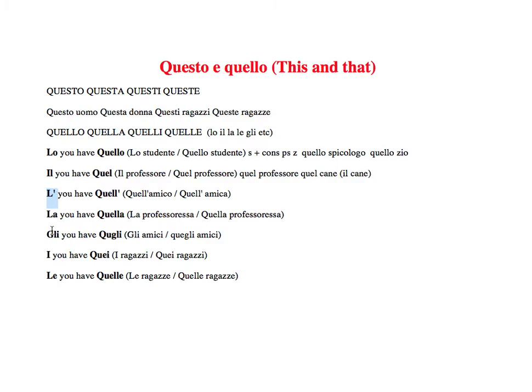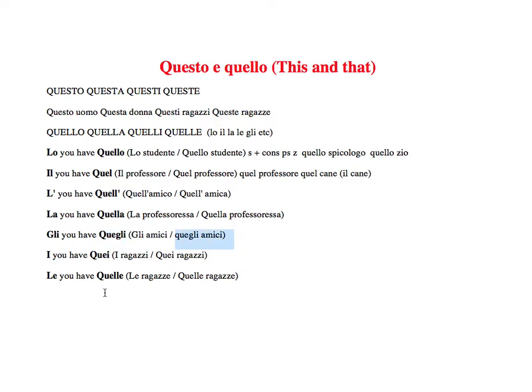Remember l'amico or gli amici. And in the case of gli, when you use the demonstrative, you must use quegli. So the friends is gli amici. Those friends is quegli amici.